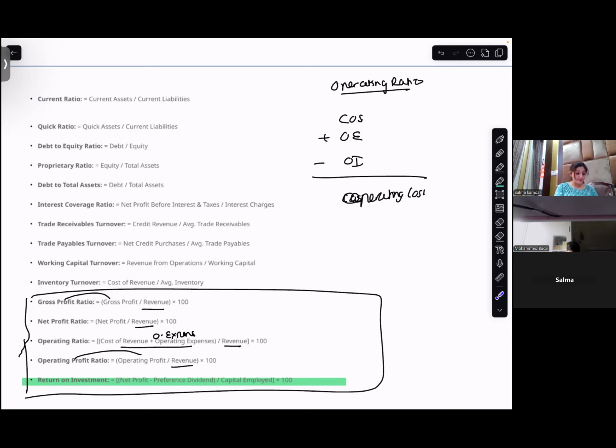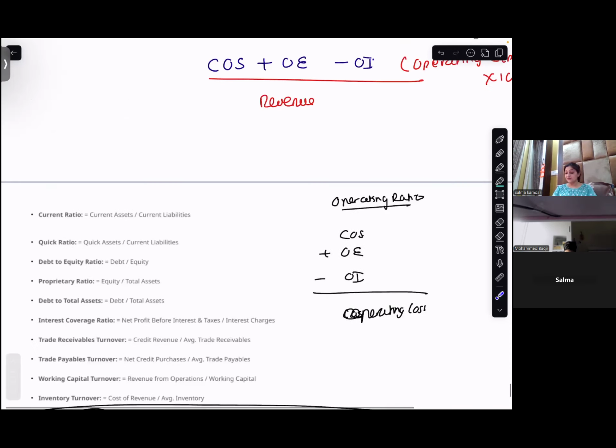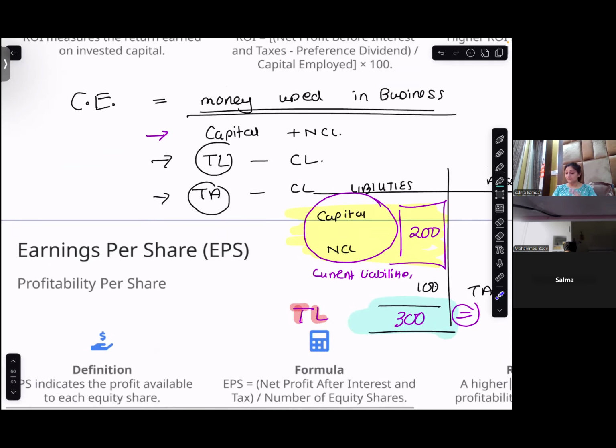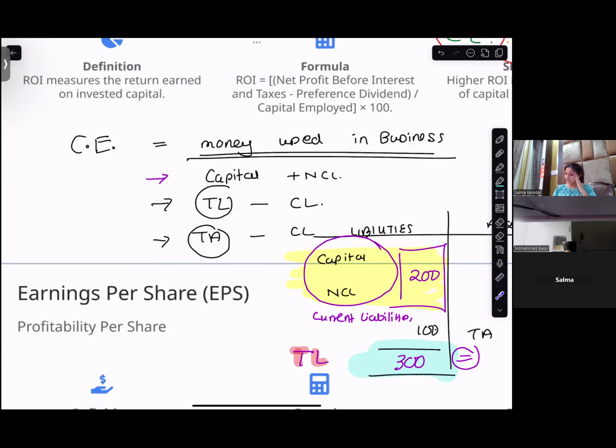What is the other formula for capital employed? Your total assets minus your current liability. Okay, I'm giving you time. Now you are going to sit and write the last 5 ratios and the first 10 ratios.